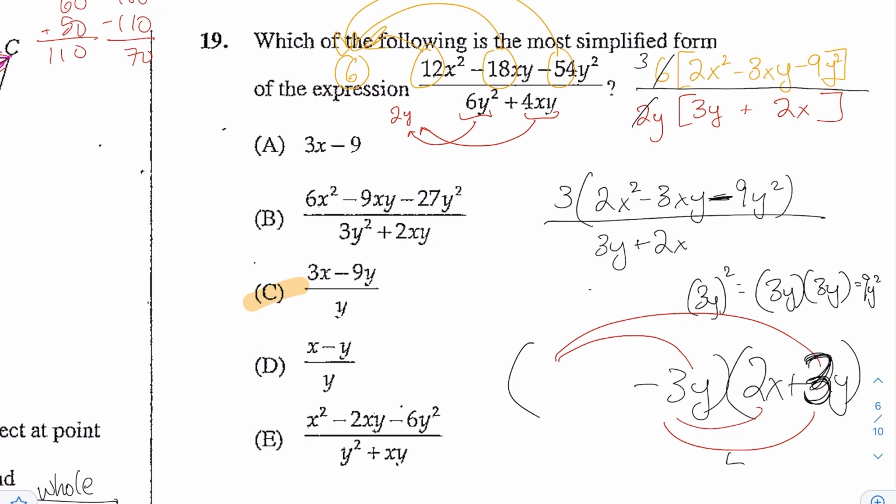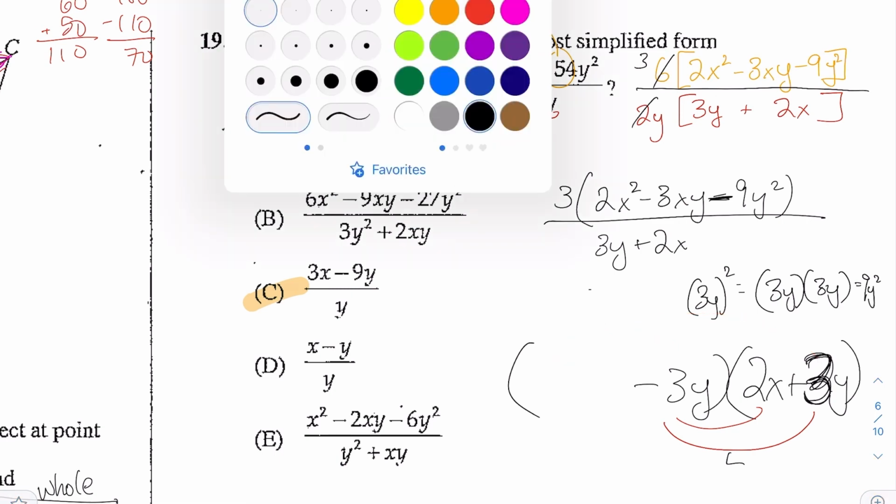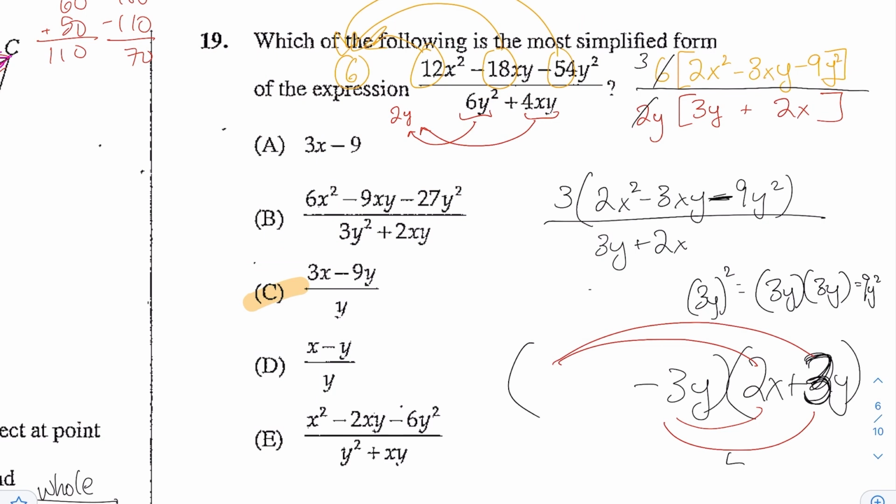Now what you still need to do is get the first terms. So remember for the first terms, you have this, whatever this is, times the 2x, try to make it into 2x squared. So you can just put an x there and see if that will cancel it out. x times 2x will be 2x squared. That's the first.